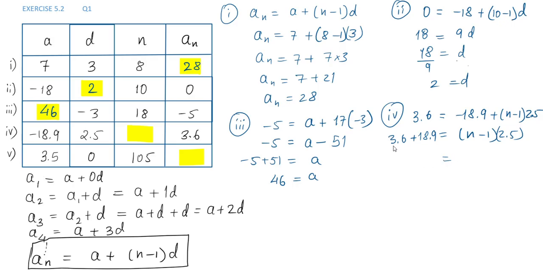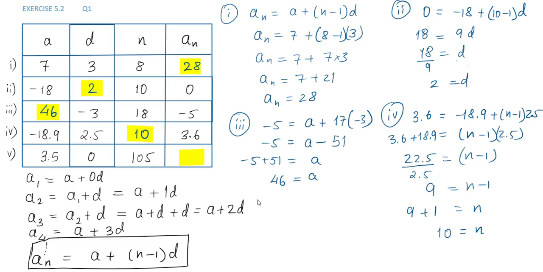So 18.9 plus 3.6 is 22.5, and n minus 1 multiplies by 2.5, so we can send the 2.5 to the denominator. So what we get is 9. So n minus 1 is 9, so n is 9 plus 1. That's 10.